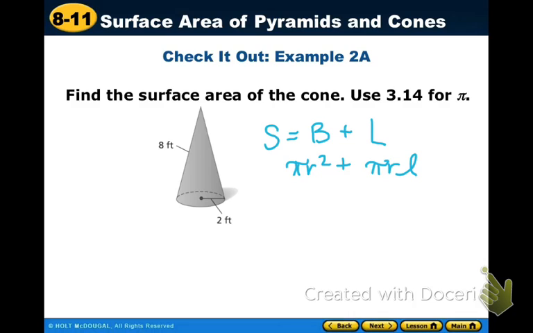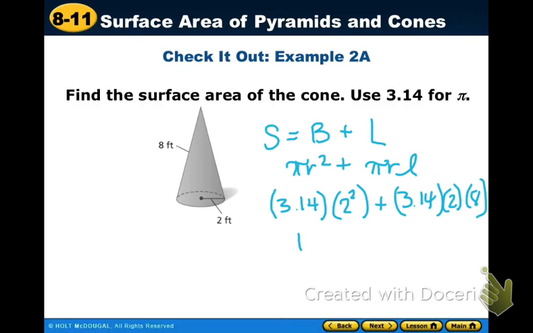Okay, 3.14 for pi. And when you multiply, 12.56 plus 50.24 would give us 62.8 feet squared. Make sure that you can get these calculations to work out.